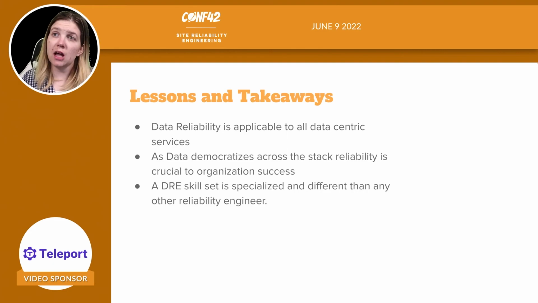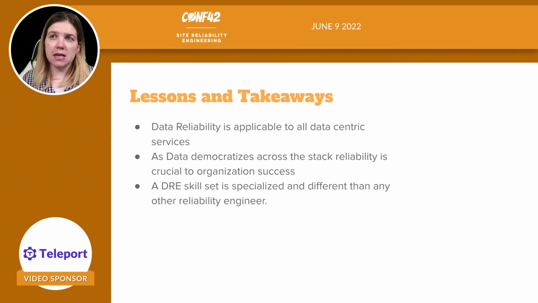Any service that relies on data to function needs to have some kind of data reliability in place. As data is democratized and used across the stack, we see this with movements like data mesh, where more and more teams need data, and they need a variety of data sets. And it's not just your analytics teams, it is software teams, it is operations teams, it is finance teams.